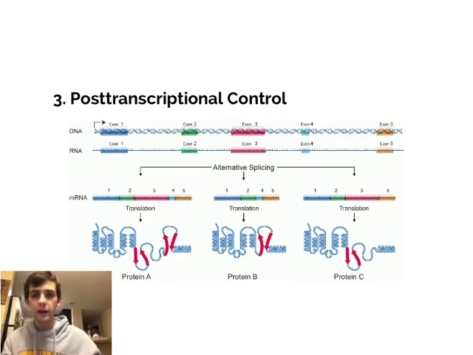You can do a different kind of splicing where you actually cut out one of the exons, so a coding region, depending on what kind of protein you want to make. So in this example, they actually spliced out the third exon. Whatever protein this cell was trying to make, it didn't need that section, so it got rid of it along with the introns.